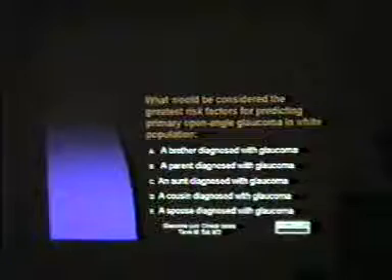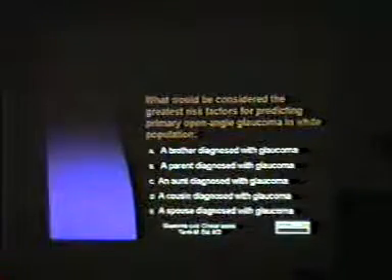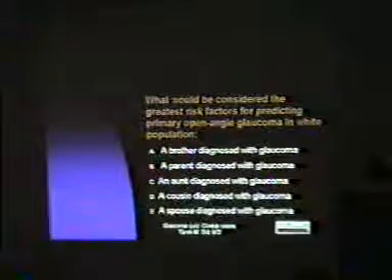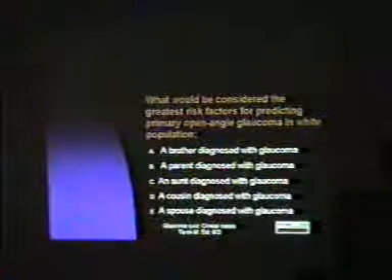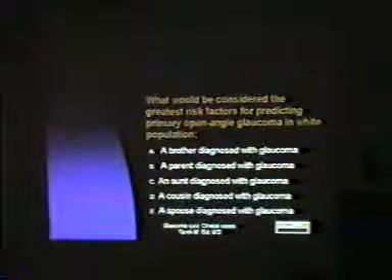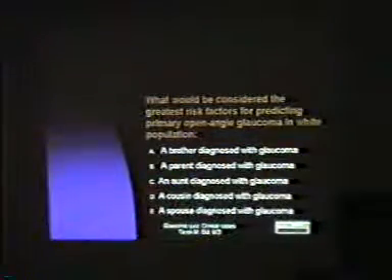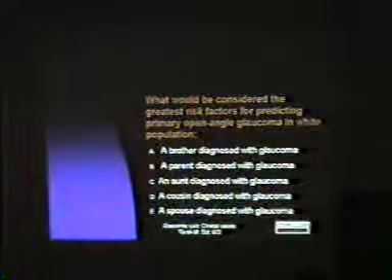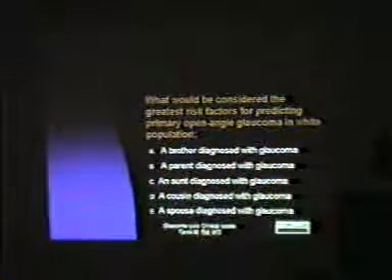And in epidemiological studies, they found that first-degree relatives have an odds ratio which is higher than the parents, which means that a brother has a higher ratio of getting glaucoma than a parent. Okay.